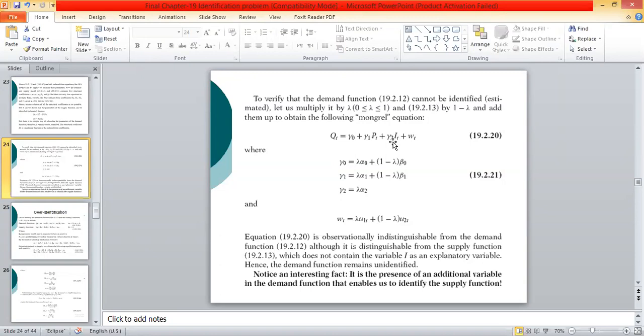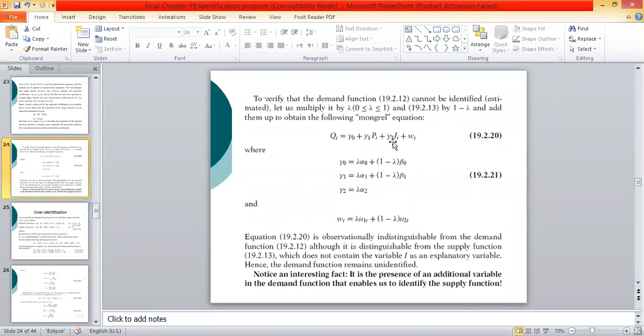It means the demand equation, that is the equation of interest, the equation whose identification you are going to examine, and the bogus equation are the same. The demand equation is indistinguishable from the bogus equation. So we conclude that demand is unidentified.